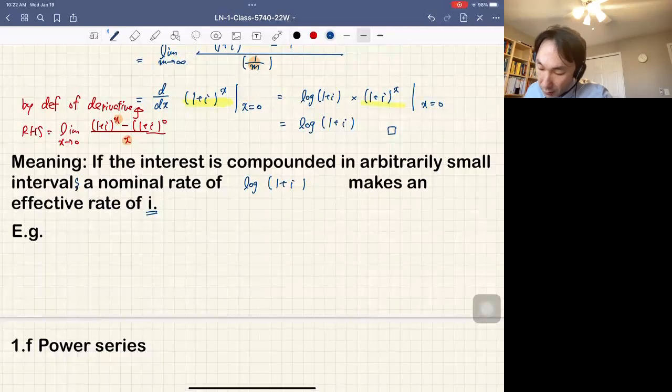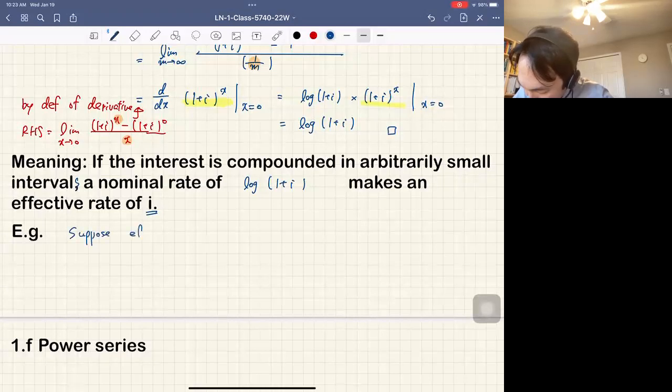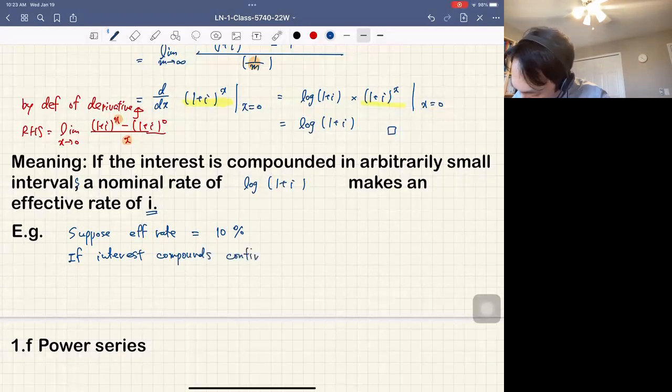Maybe an example. Suppose the effective rate is equal to 10%. If the interest compounds continuously, or compounds in arbitrarily small intervals, we need log of 1 plus 10%. What is that?